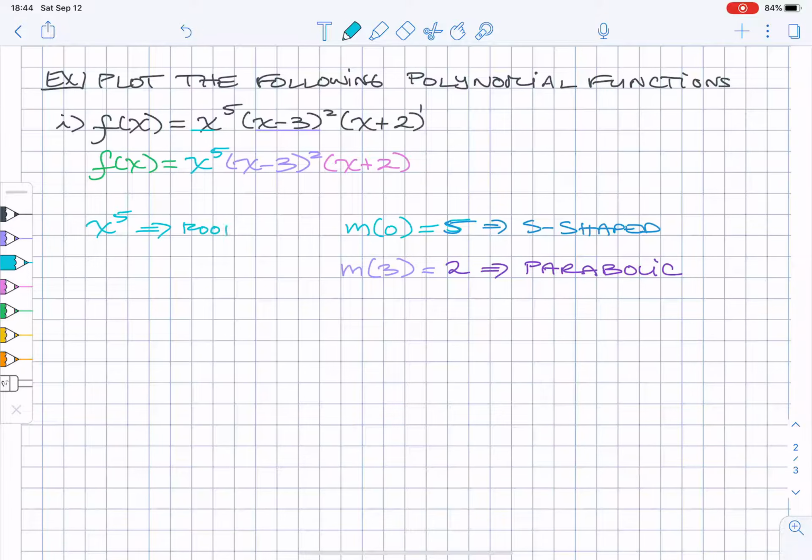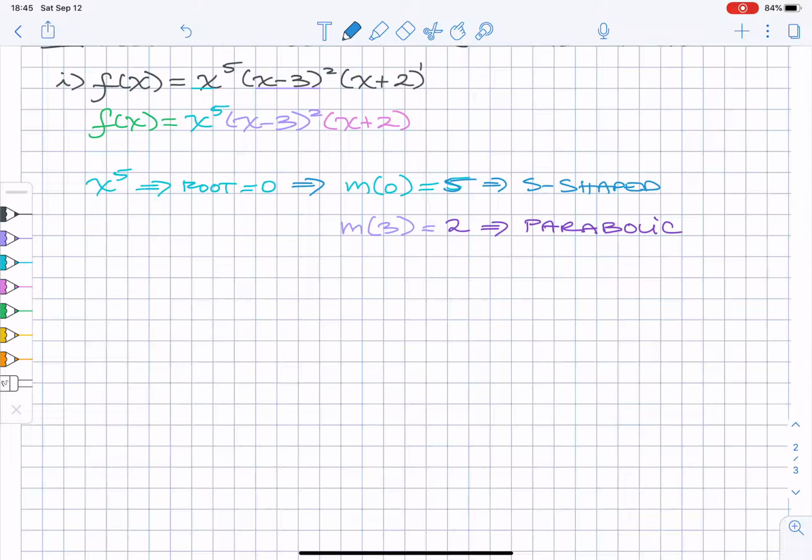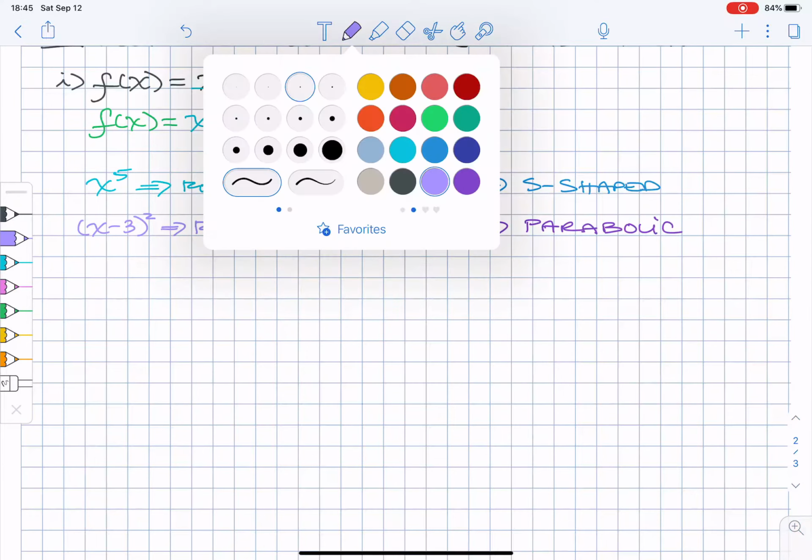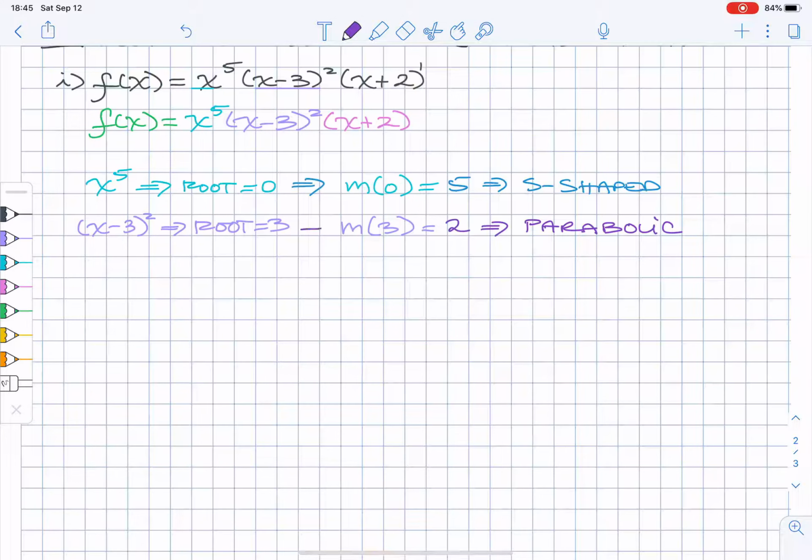And we know that the multiplicity of 0 is the power, which is 5. Let's do the same for the other factor. We have x minus 3, quantity squared. This implies that the root is positive 3, which means that the multiplicity of positive 3 is the power, or 2, so it's parabolic.